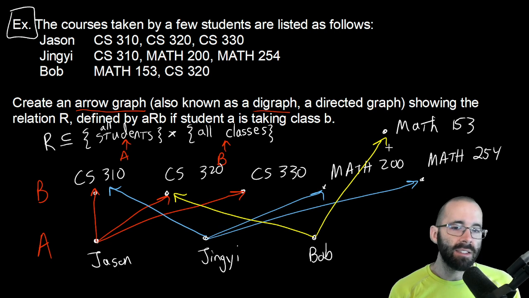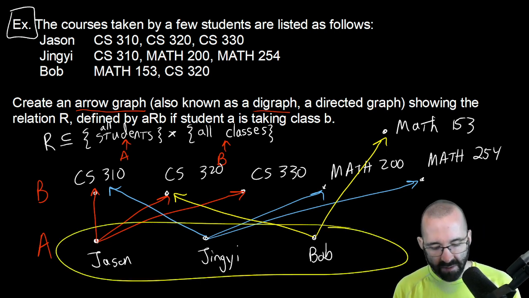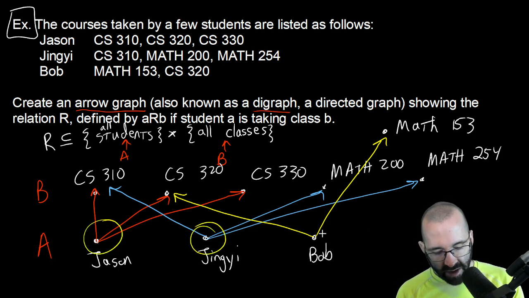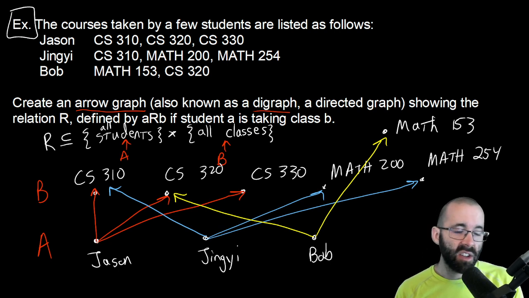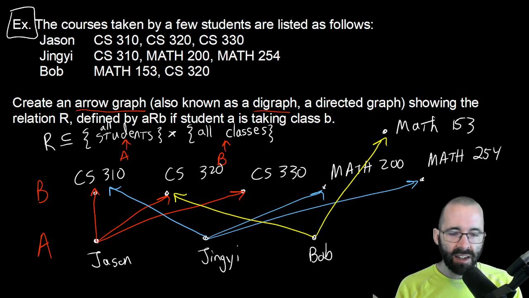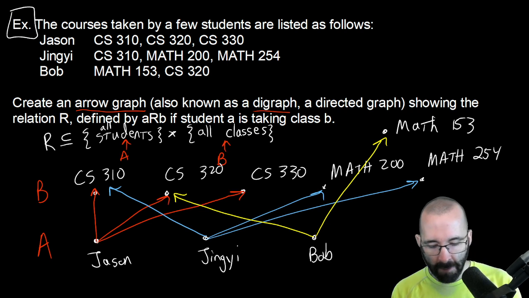So you can see this is very definitely not a function. Everything in the input is defined, which is good. But every single thing in the input has multiple outputs, so this relation is very much not a function. If it were a function, it would be surjective, but it's not injective because there is more than one person taking most of these classes.